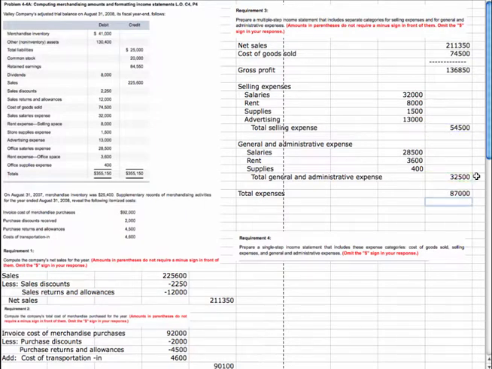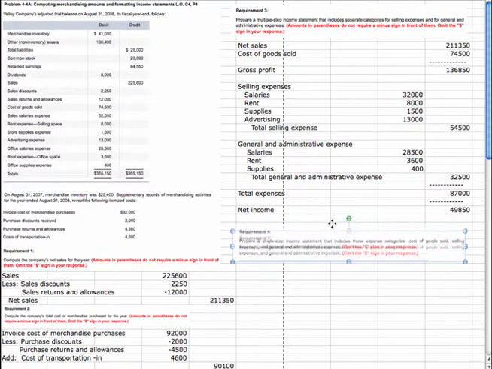I get $87,000 in total expenses, which then will give me my net income. I'm going to take my gross profit number minus my total expenses to give me my net income. So I get my net income of $49,850.